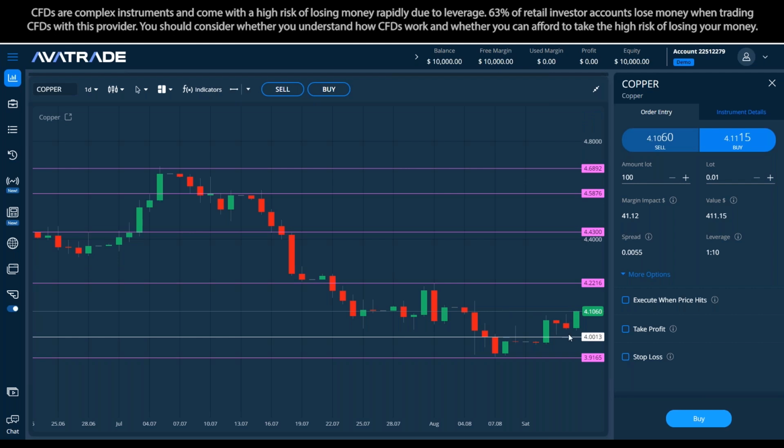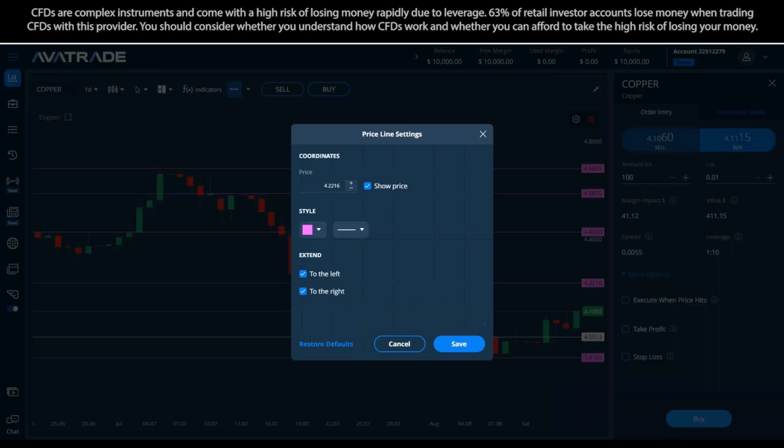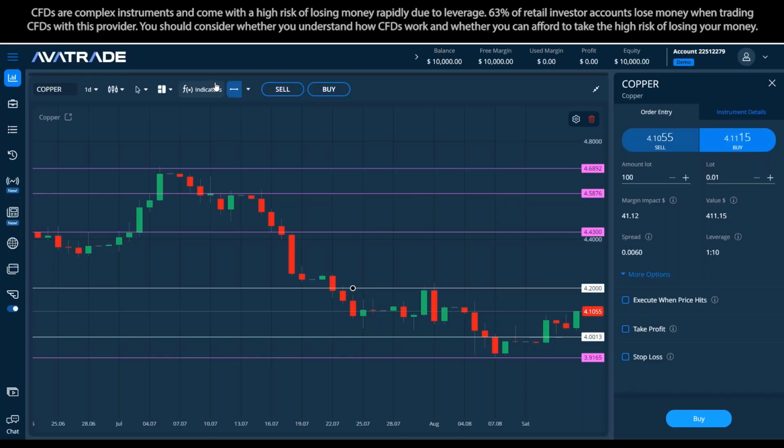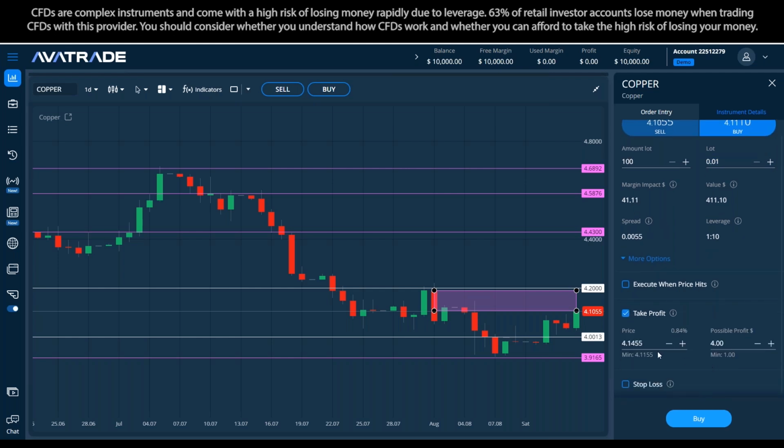But if I buy here where I'm at right now, my next stop is approximately 4.2. So from here to here, there is a difference of 1 cent. It's $4 per ounce now with copper. If I have 1 cent and I have 100 units, I'll be making how much? Who knows?